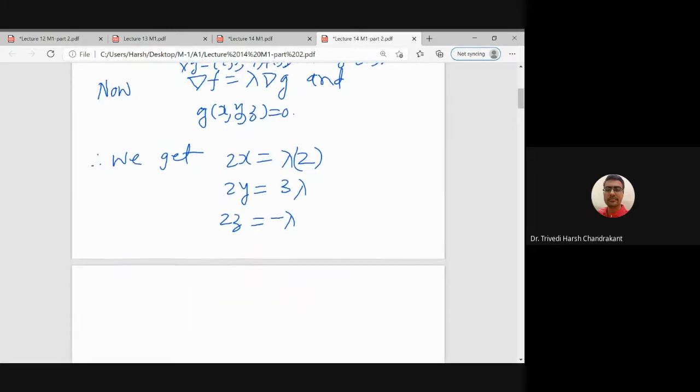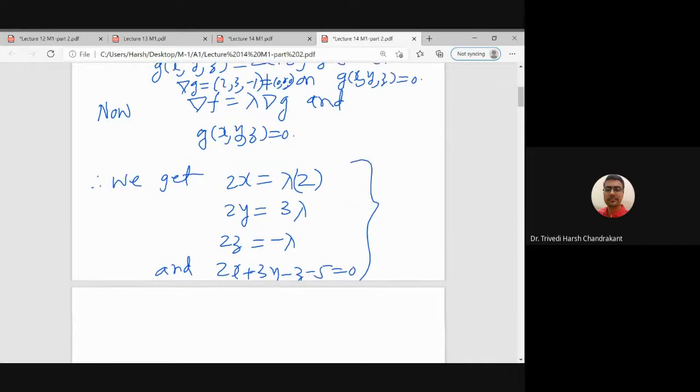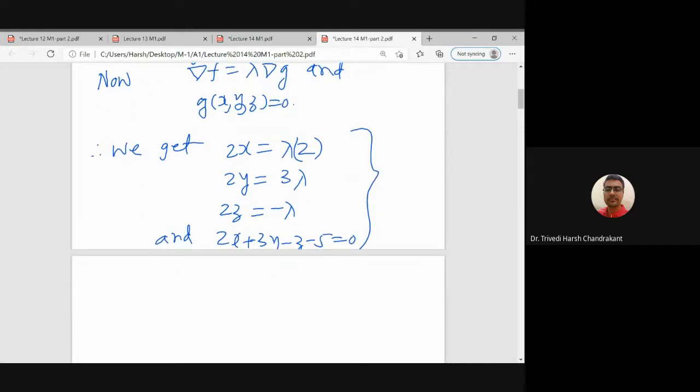So these are three equations coming from the gradient condition, and the last equation is equation of the plane, that is 2x plus 3y minus z minus 5 is 0. So in this case it is very easy to solve these equations, because directly we will get the value of the lambda, that we will substitute and we will get the value of x, y and z.